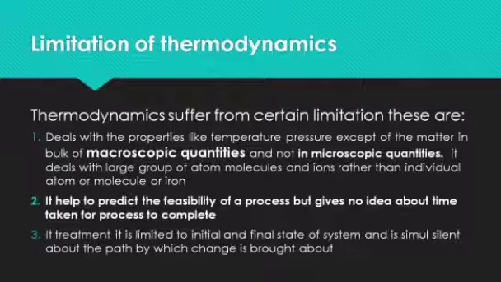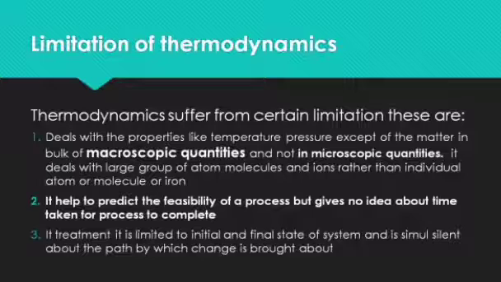The limitations of thermodynamics: it suffers from certain limitations. These are: first, it deals with properties like temperature and pressure of matter in bulk, that is macroscopic quantities and not microscopic quantities. It deals with a large group of atoms, molecules and ions rather than an individual atom, molecule or ion.